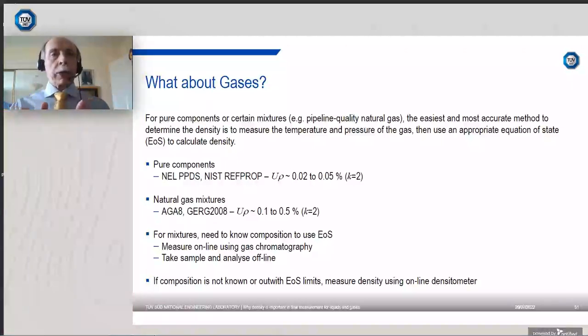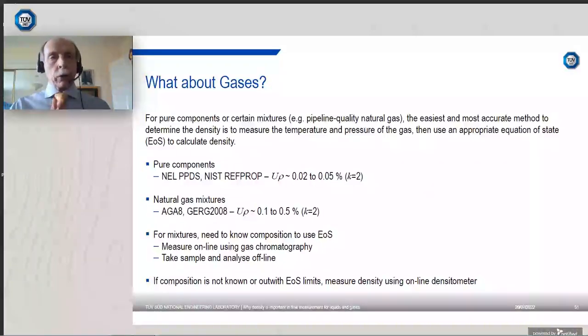For natural gas mixtures, the most commonly used equations are the AGA-8, the American Gas Association calculation method, and the GERG 2008, the European equivalent. Again, these have low uncertainties, 0.1 to 0.5%, depending on composition and temperature and pressure ranges. And these are widely implemented throughout industry.